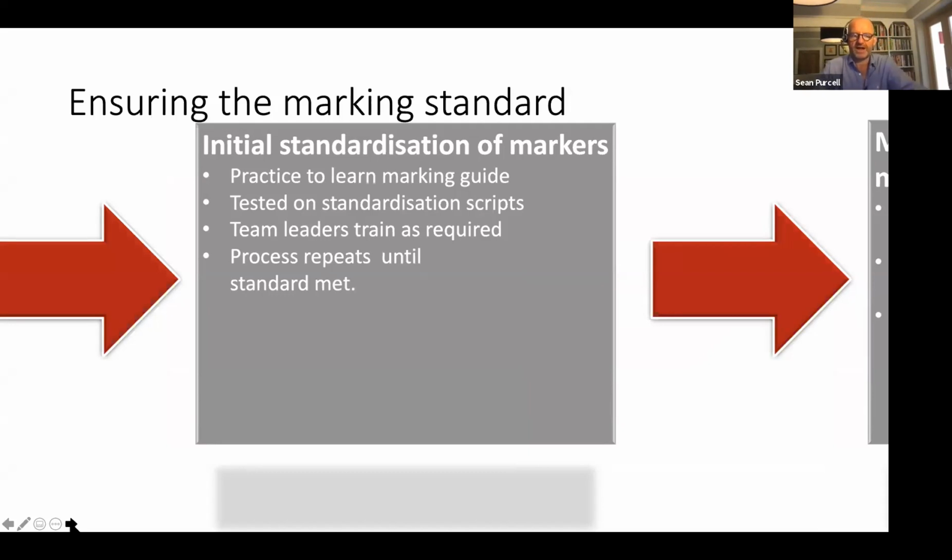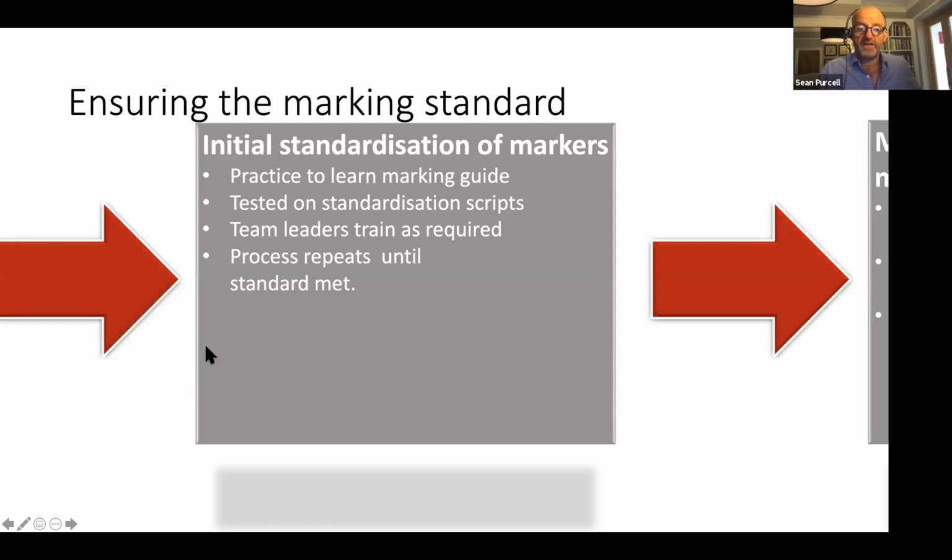And once they've got that clear, they will be required to submit some more standardization scripts which evaluate whether the marker has listened to what they'd learned from the initial practice scripts, and their mark needs to come very close to what the marking team believe the mark should be and have agreed is going to be.